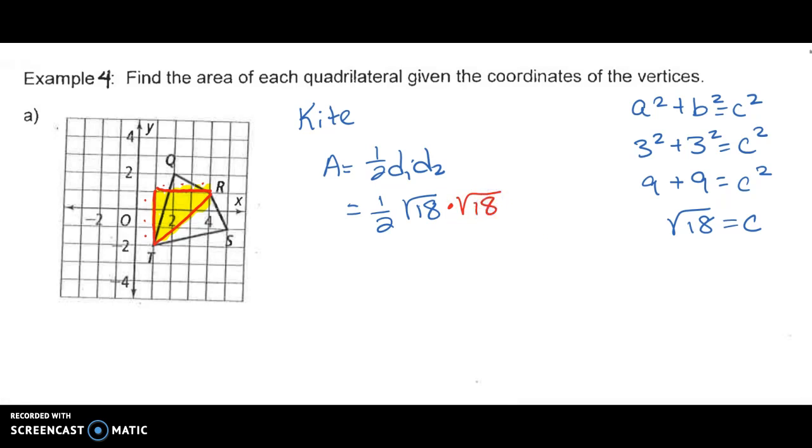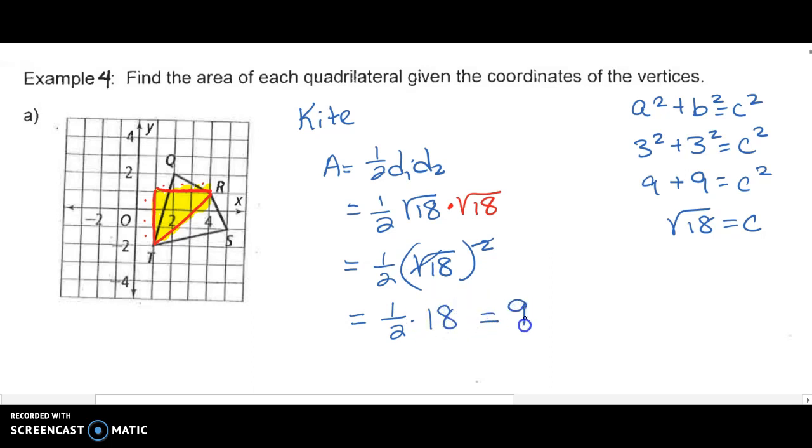And then, guys, square root 18 times square root 18, isn't that square root 18 squared? So the square and the square root would cancel, so that's 1/2 of a plain old 18. So it's 9 units squared, the area of this kite.